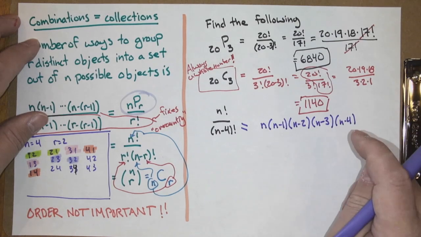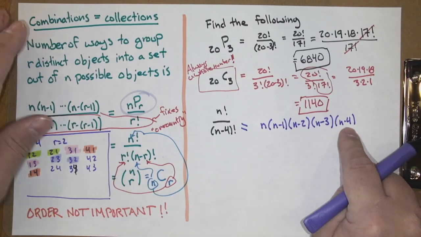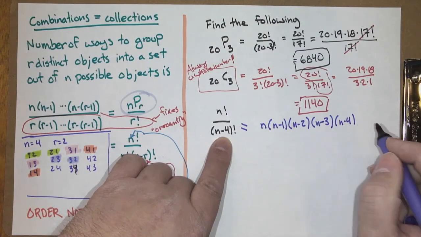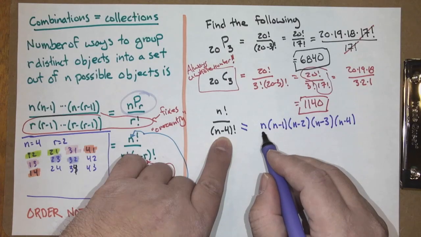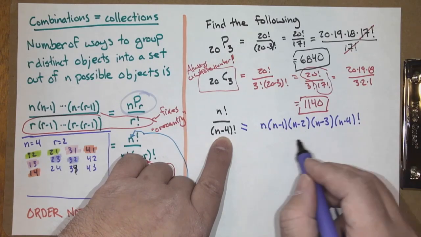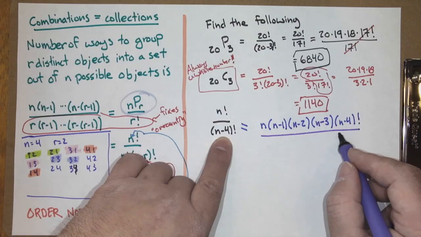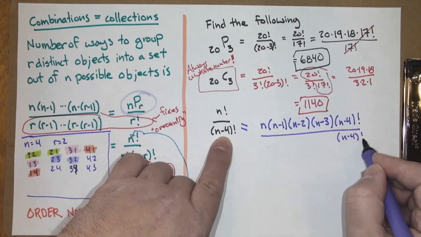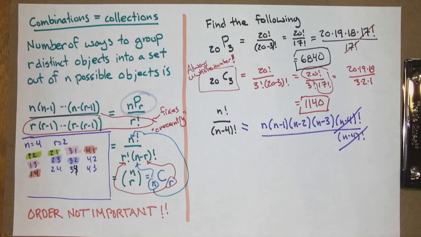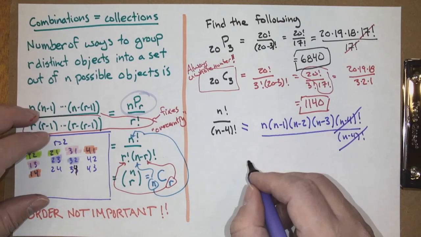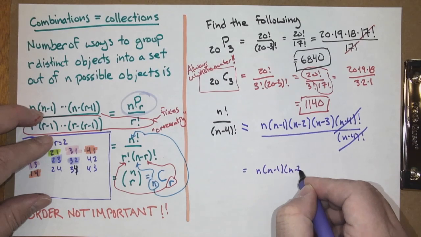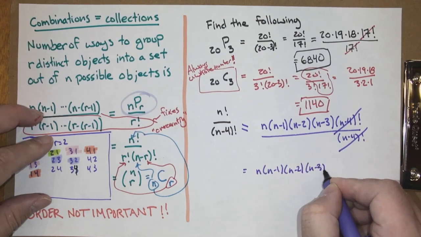I claim you stop now, because you've reached the point where the other one starts. So you say, okay, pull off the first term, pull off the second term, pull off the third term, pull off the fourth term, and then the rest of it is its own factorial. And those cancel. So we end up with n times n minus 1 times n minus 2 times n minus 3.